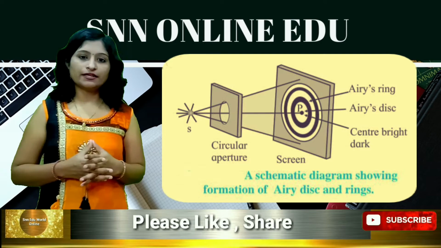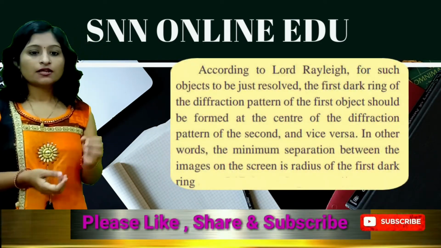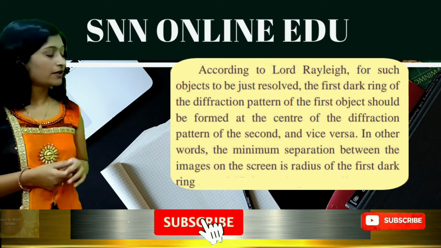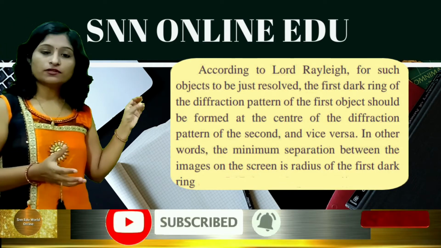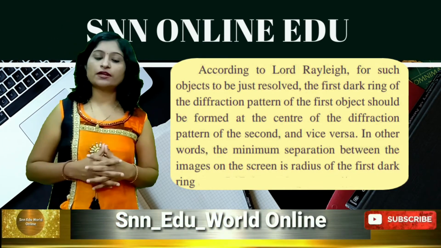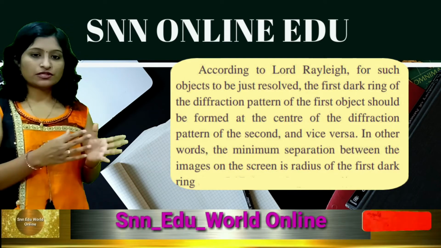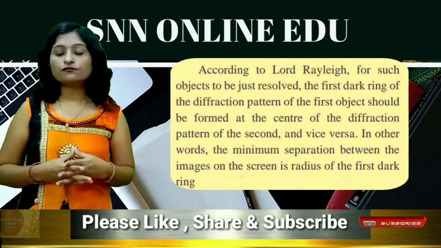Now according to Rayleigh, for such objects to be just resolved, the first dark ring of the diffraction pattern of the first object should be formed at the center of the diffraction pattern of the second, and vice versa. Means first चा second मध्ये, second चा first मध्ये असायला पाहिजे.